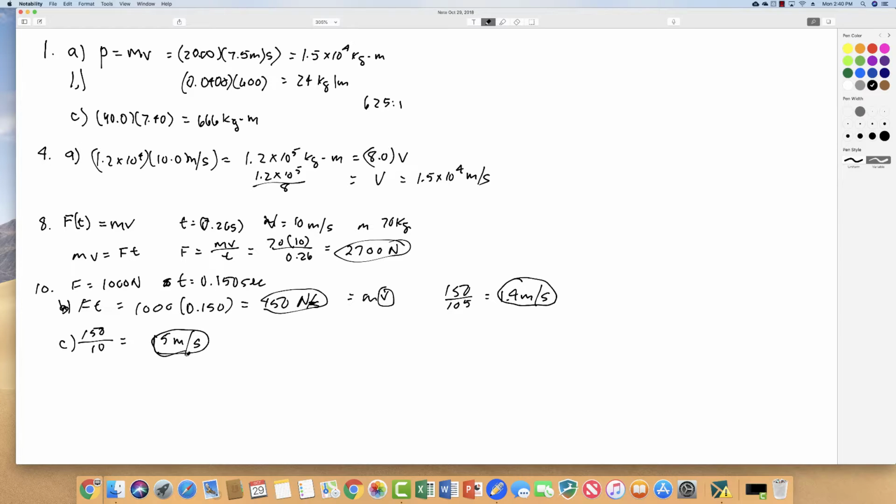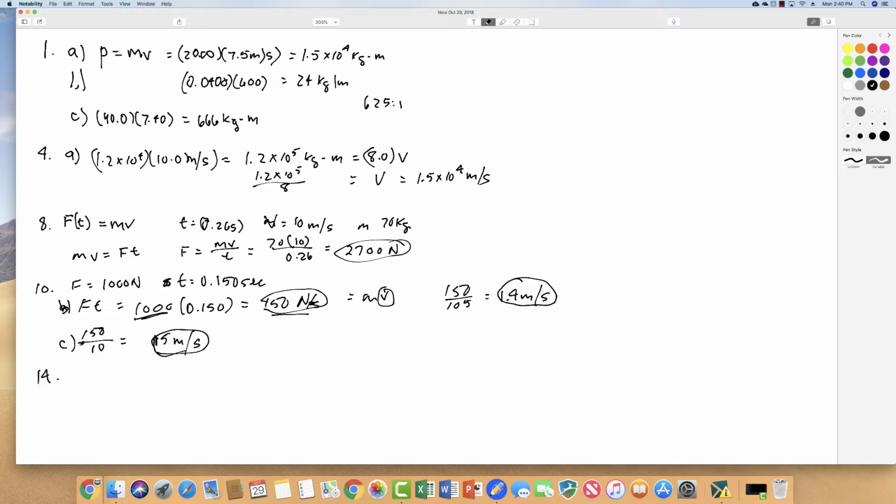It's because you assume that the force is about the same, so the impulse is about the same, but now you're hitting a much smaller object when you're hitting their head, and that causes this velocity to be much greater. And that's why people get knocked out when they get hit in the head. It's because of the velocity that their head has.